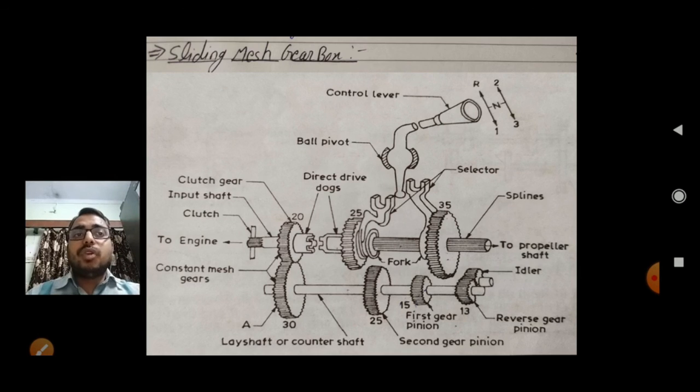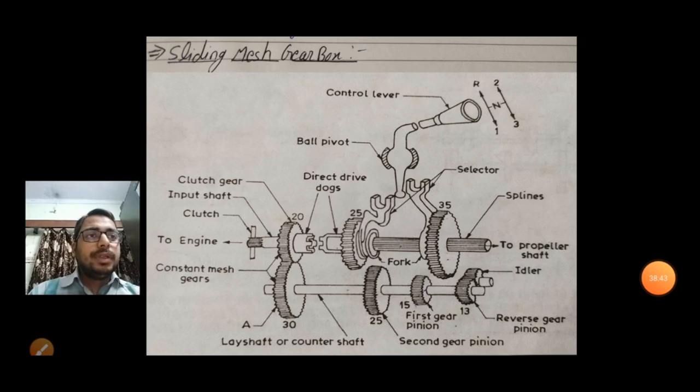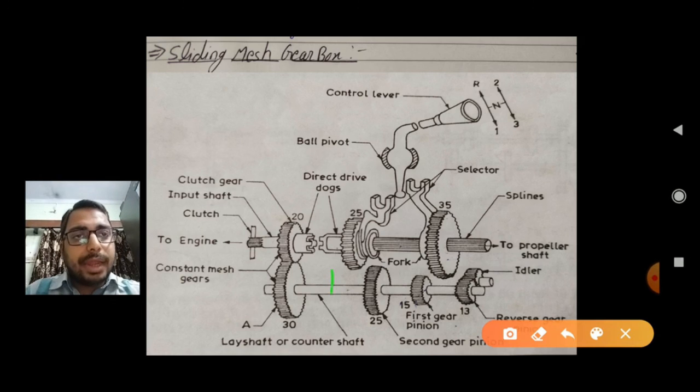If you go for further modification of this type of gearbox, this one has only first, second and third gear. For the fourth gear, a simple mechanism is used: another gear is attached on the lead shaft, or on the output shaft, and when the meshing of this gear takes place, that is the case of fourth gear.